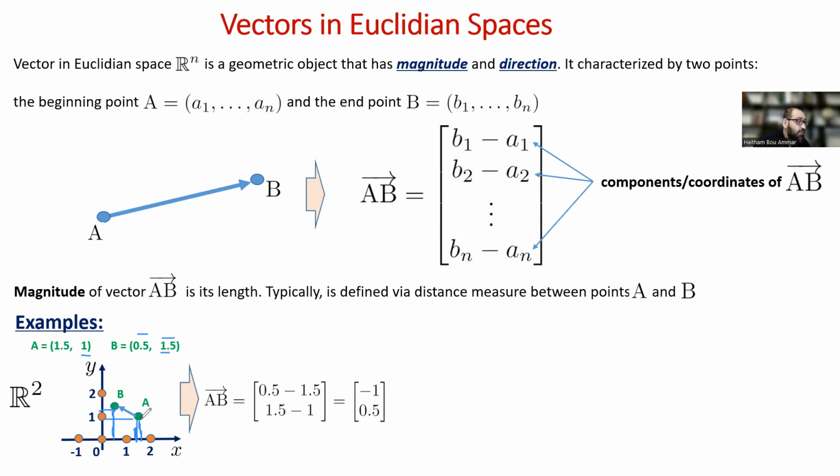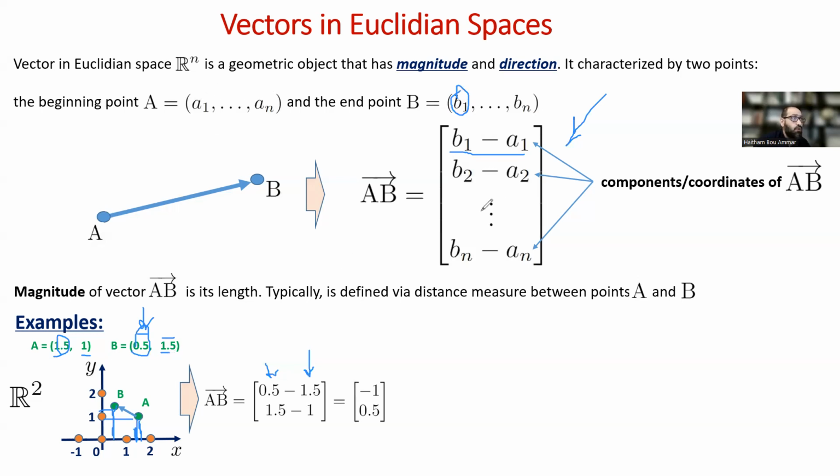Now, the vector that goes from A to B, how do I get its coordinates like we described here? I'm going to take the first component and subtract from the first component. So I get 0.5 minus 1.5. That's like B1 minus A1. So I'm taking the first component of the point B and the first component of the point A, and then subtracting them from each other.